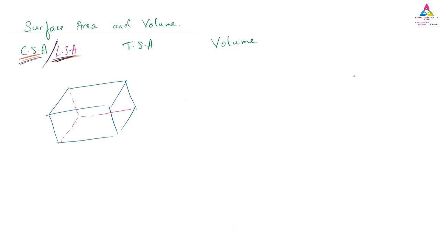In those six faces, we consider only the four sides, the four faces forming around one another. We have to leave the bottom, and we have to leave the top, and leaving those, what we have is called the lateral surface area.